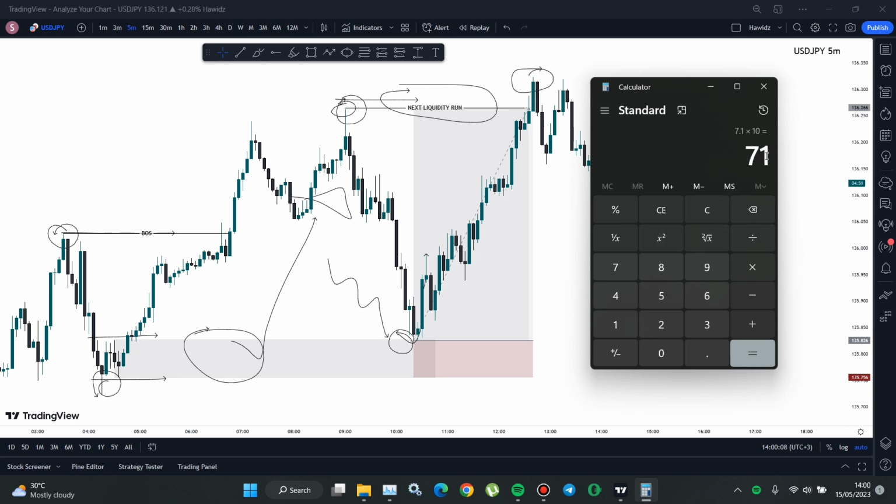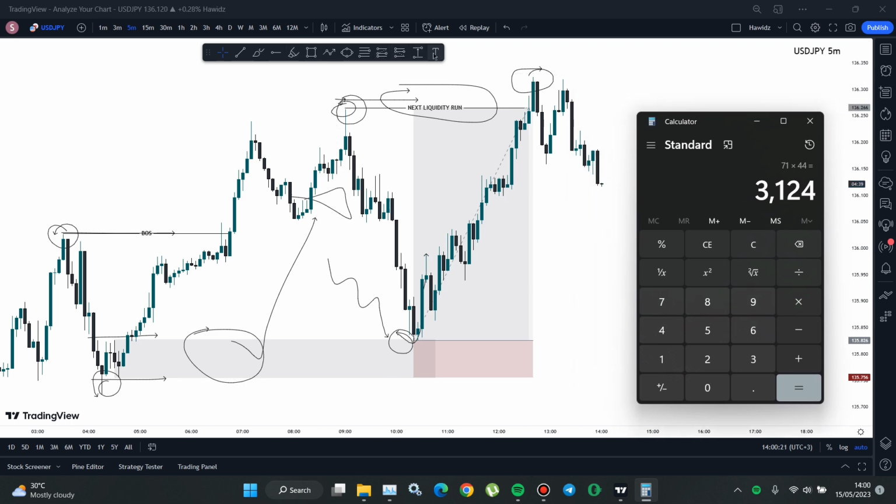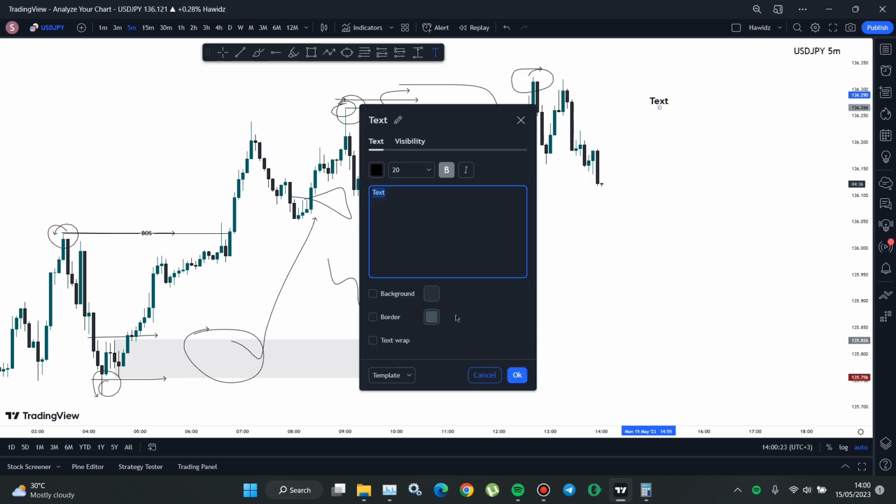So it's $71 per pip times the take profit target, which is 44 pips. So that would equate to 31.24. Yep, so that would be our take profit target.